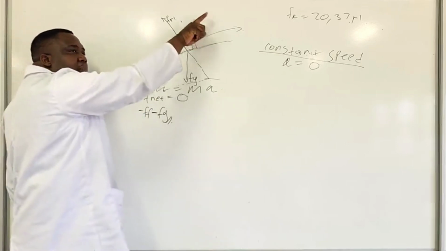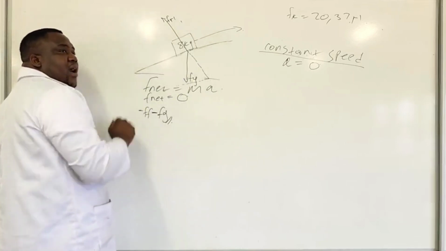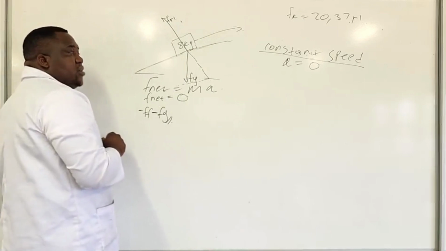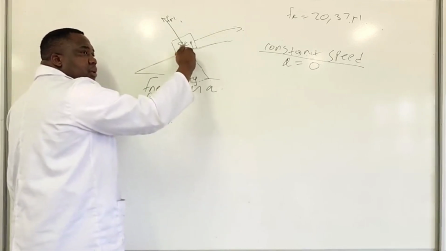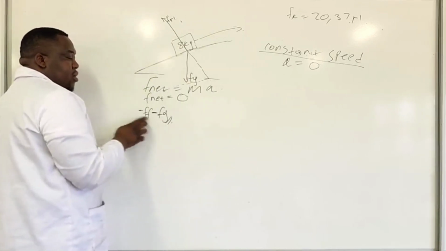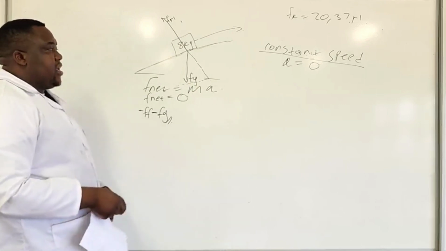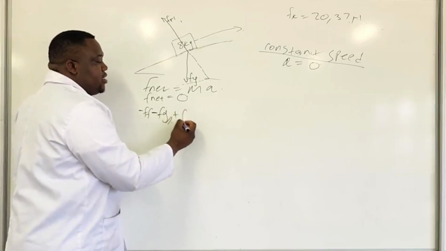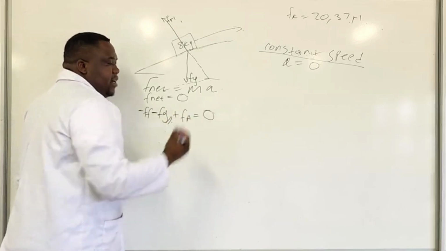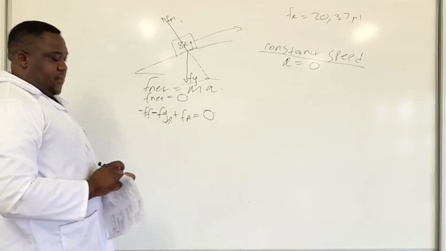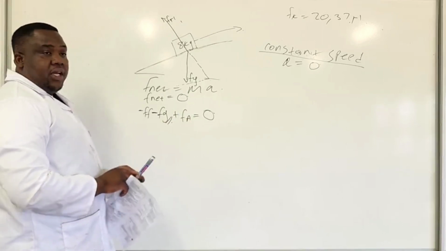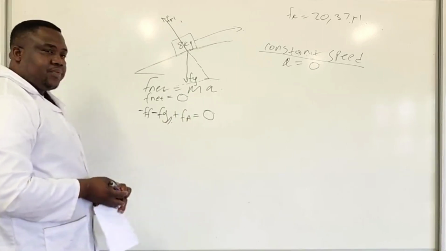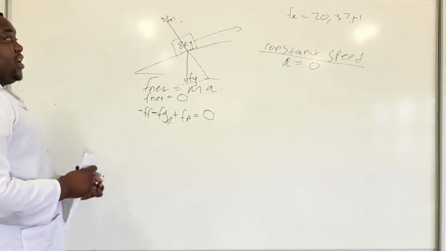This object is going up. Friction will be pulling the object down. Gravitational force will also be pulling the object down. So that's why all of them must have negative signs. Then there is only one force which is going up, and that is the applied force. All of them, their sum is equal to 0. So we can start now. So frictional force was given.